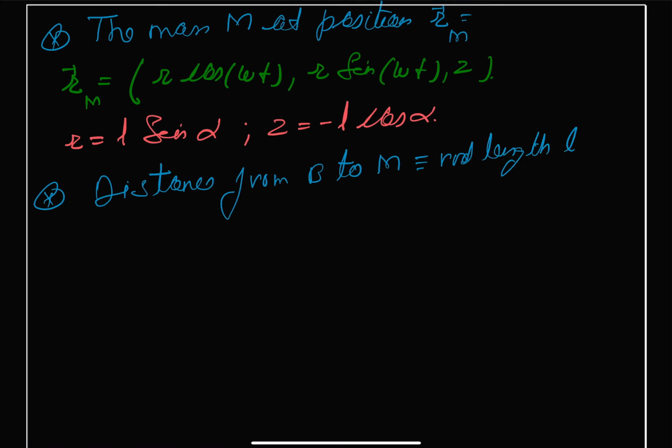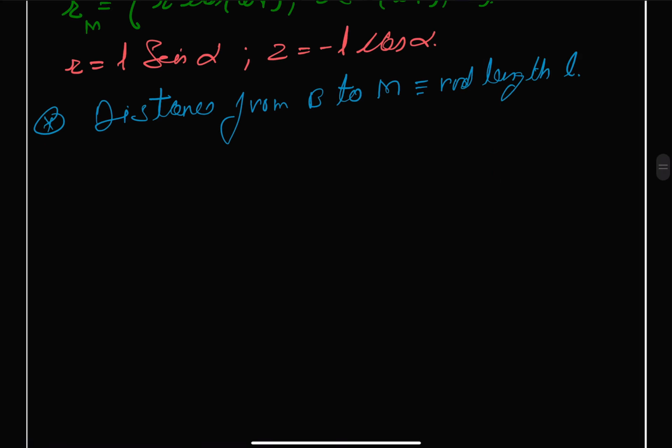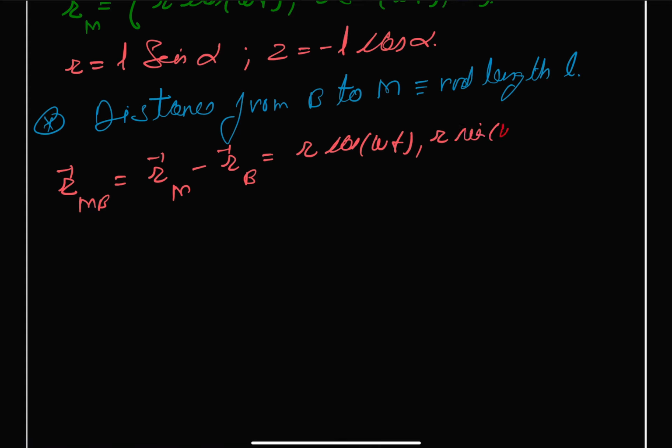Or with respect to their respective coordinates, we can say our RMB will be equal to RM minus RB, giving us R cos of omega t, R sine of omega t, minus L cos of alpha, minus 0, 0, h.